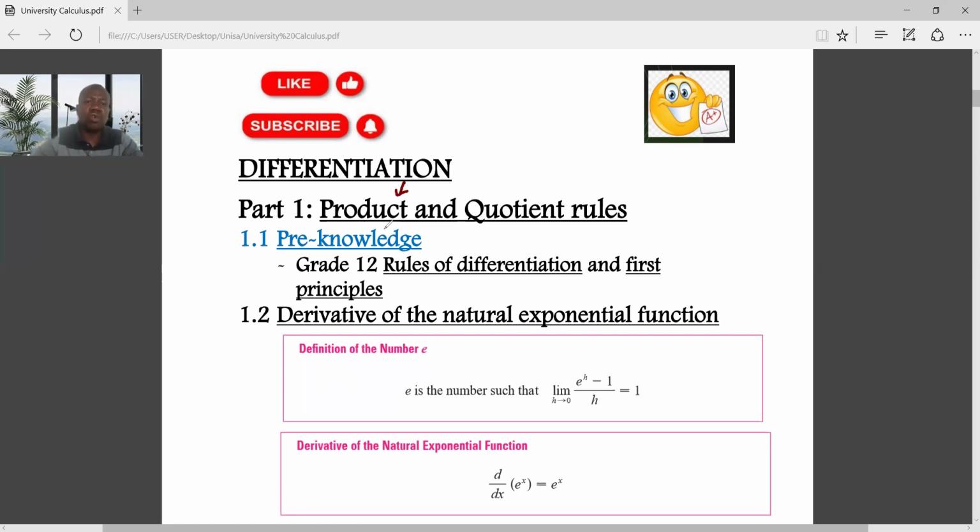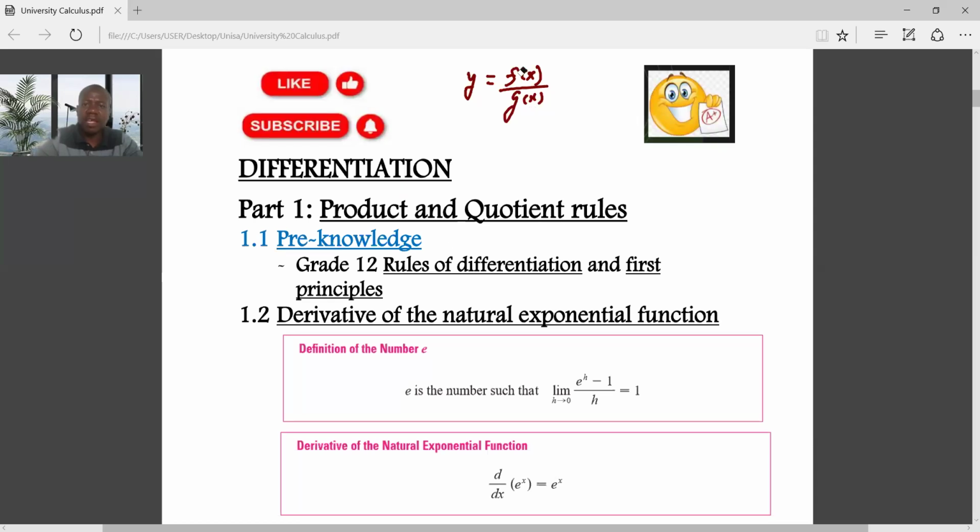And also when we are dealing with quotients or ratios that are in the form of a fraction, like when we have f over g, then we can find the derivative. That is what we have done in the first part.